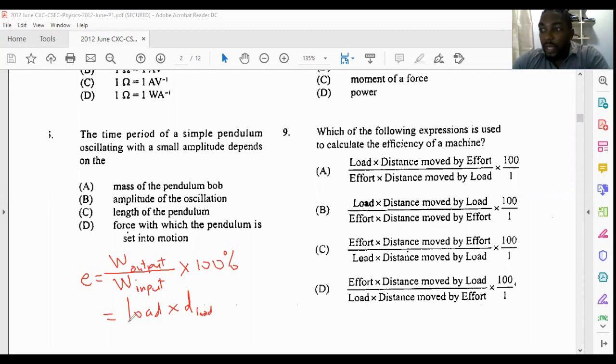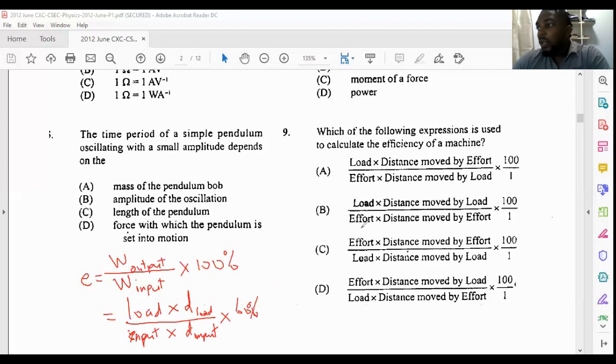And then over the work input, meaning the work that the machine itself is capable of doing, which will be the input force multiplied by the distance moved by the input force, multiplied by 100.